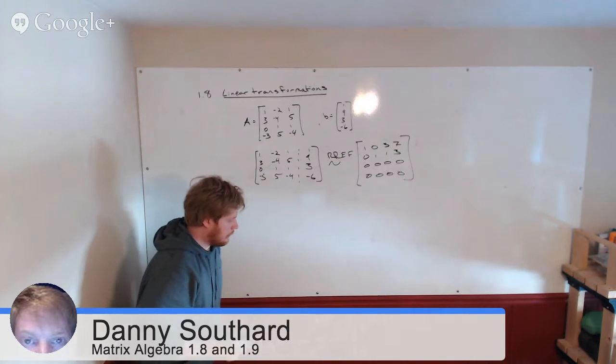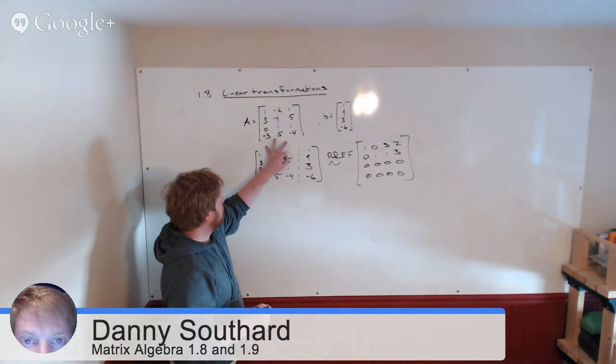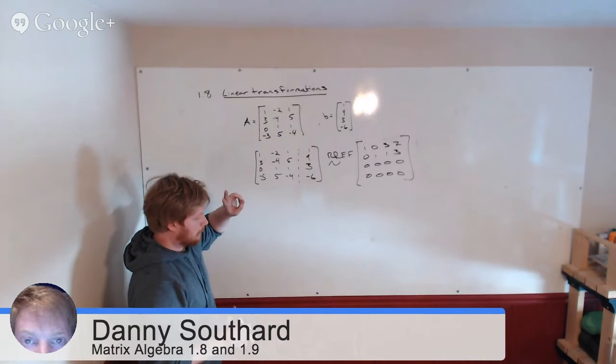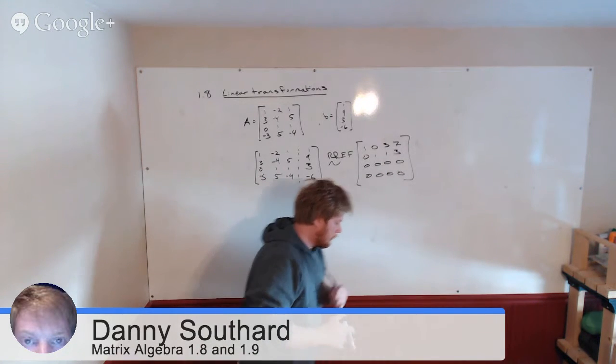Okay, so 3 variables, but only 2 pivots. So we have a free variable.